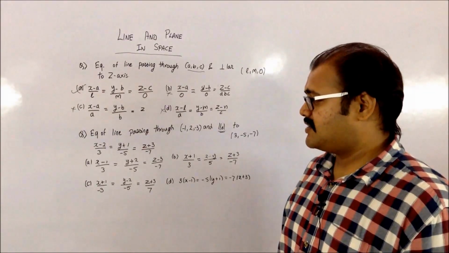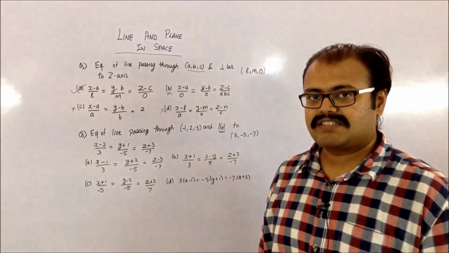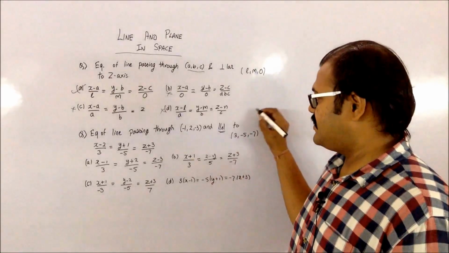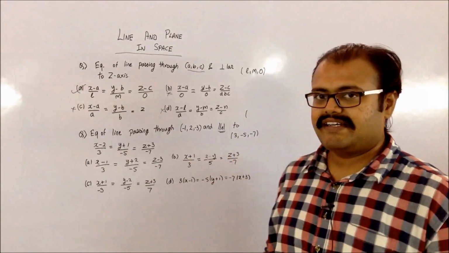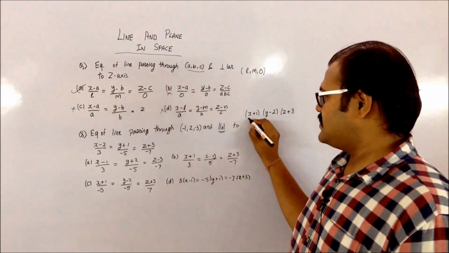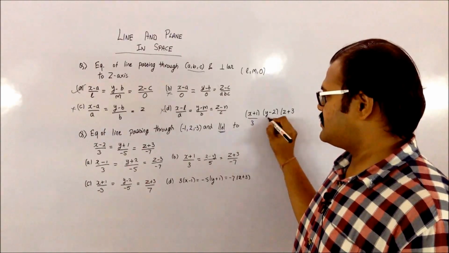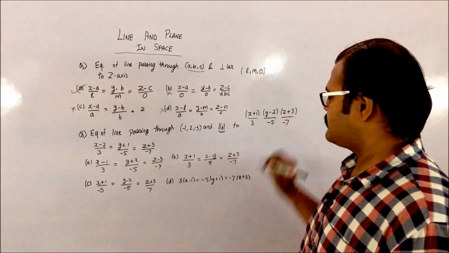Now if you just go directly and mark option A, it would be a wrong option, because you also require that in the numerator you should have the subtraction of the corresponding x, y, z terms. So once you have understood the numerator part, these things have to be divided by the directional ratios, which are 3, -5 and -7.